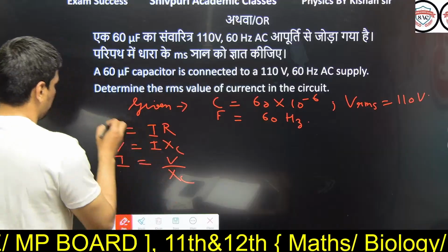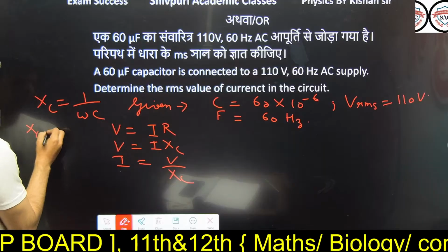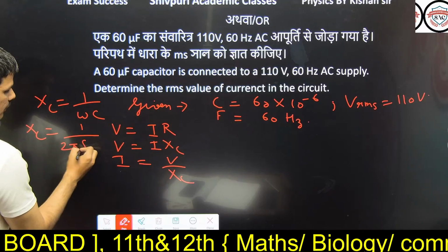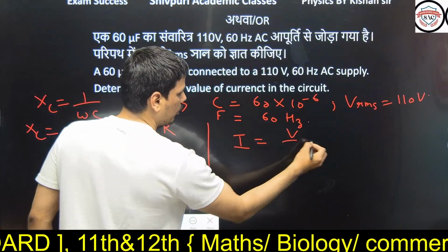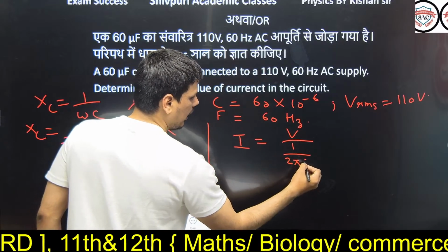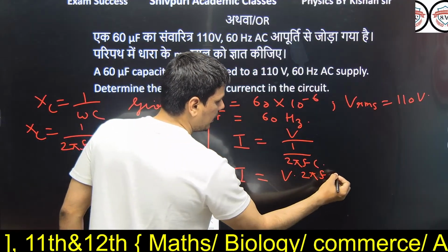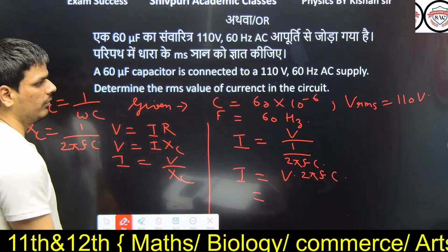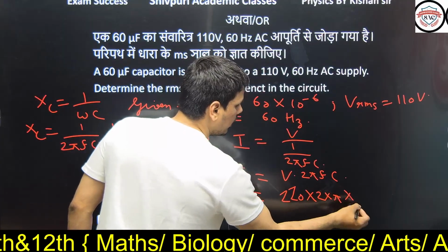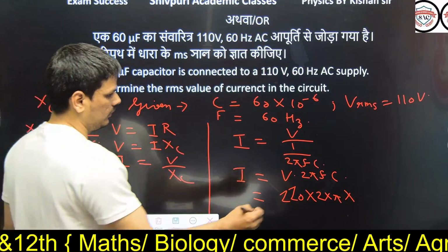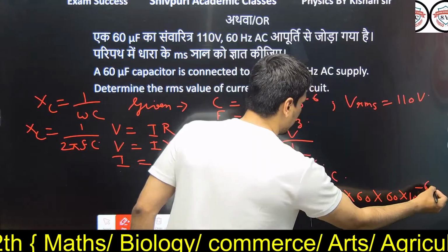XC equals 1 upon omega C, and we could write omega as 2 pi F, into C. So I equals V upon 1 upon 2 pi F C, so I equals V into 2 pi F C. Now we put the values: 110 into 2 into pi into 60, and the capacitance is 60 into 10 raised to power minus 6.